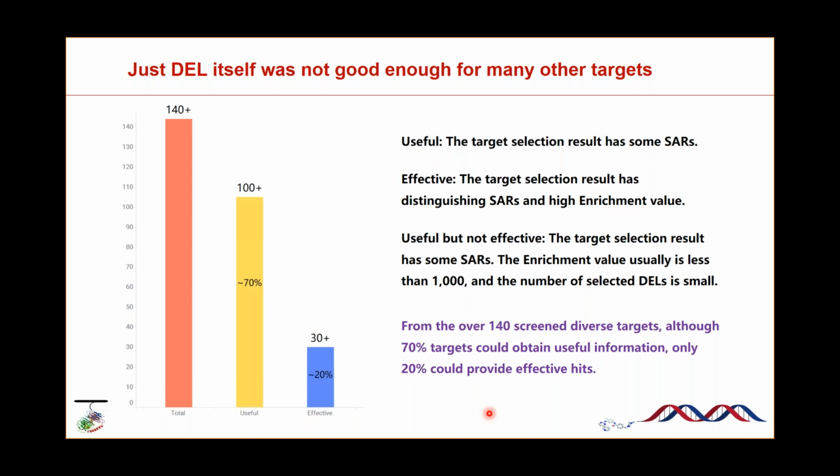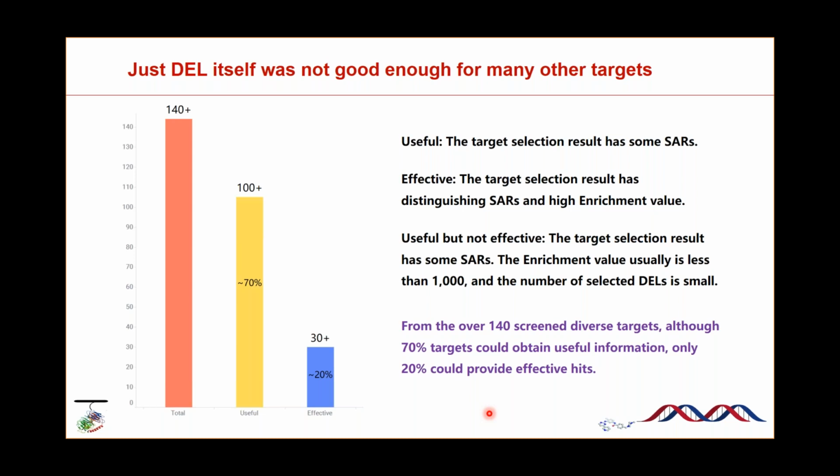But for another 50%, although they could give you useful information, the SAR information is not enough, and you couldn't do many medicinal chemistry modifications just based on these selection results. And for another 30%, we found that this selection is not accurate for this type of protein target.